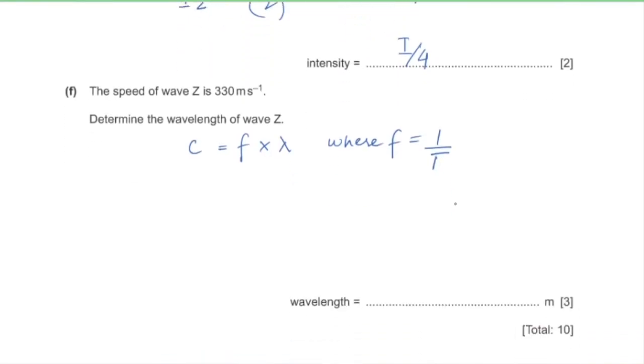So we need to also convert that to seconds. So frequency is 1 divided by 3 into 10 to the power of negative 3 per second. Now we have the speed and the frequency, and you get a value of wavelength as 0.99 meters.